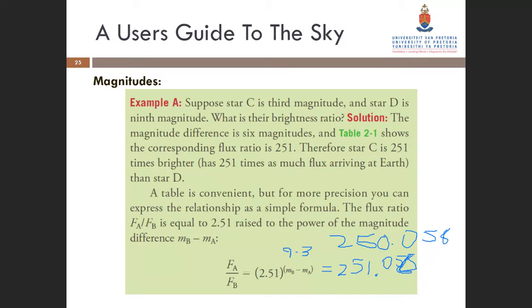So you don't need to know the table, but you have to know this formula. If you know this formula, then you don't need to know the table. So let me also do the calculation quickly.